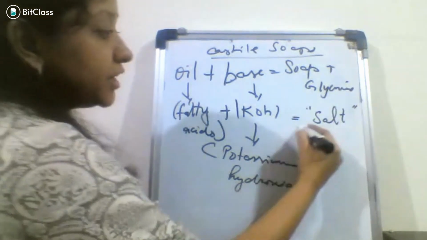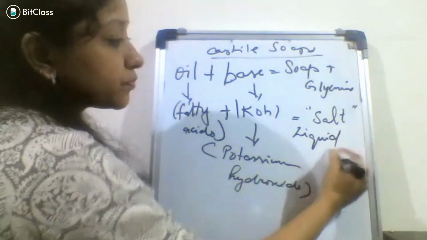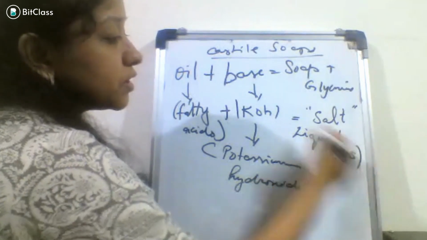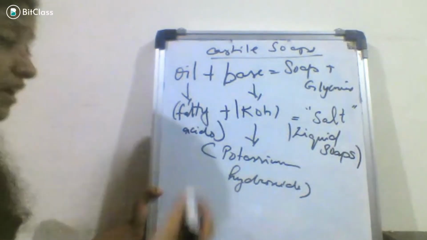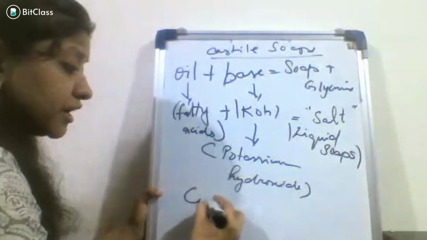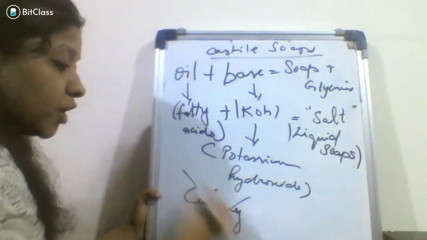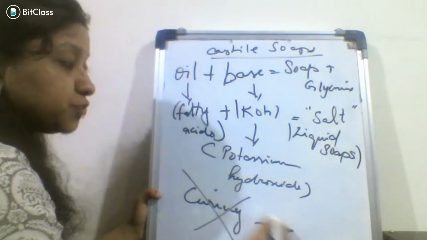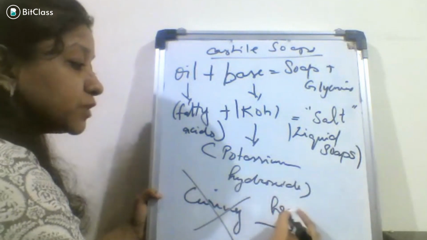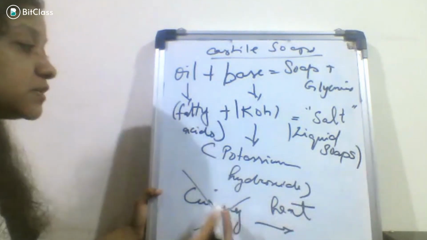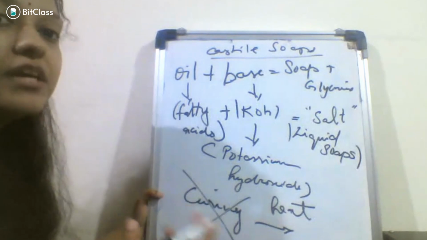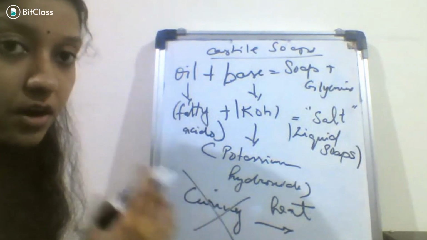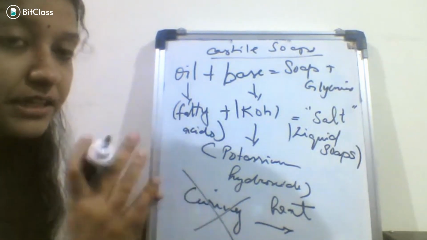That is nothing but liquid soap. Here there is no curing required. The process which we apply has so much heat that this soap will be cured and can be used immediately.